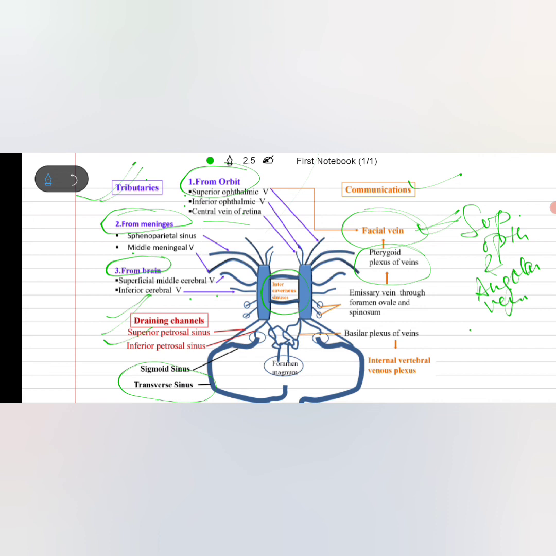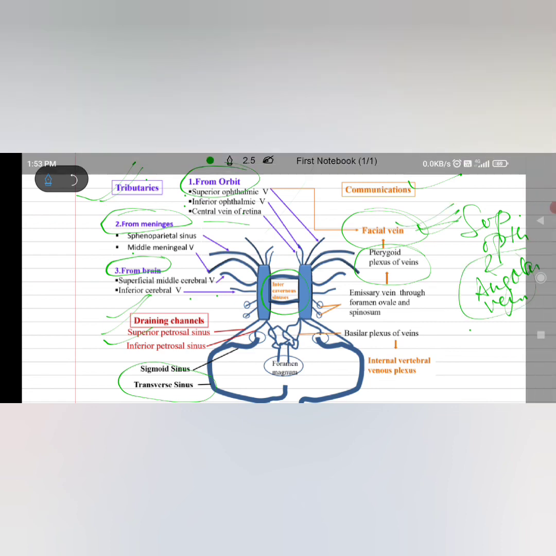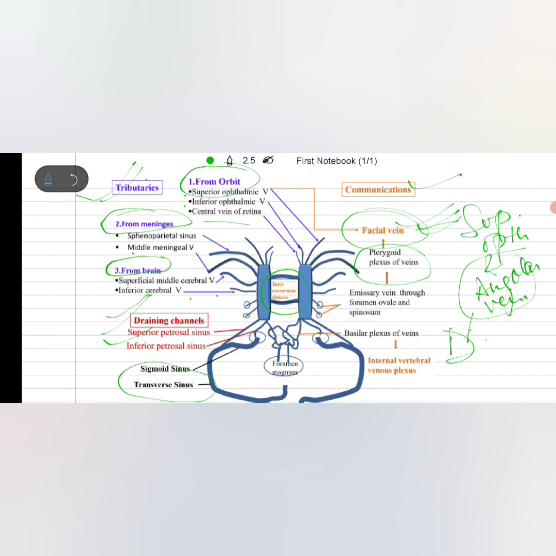So these are the communications. It communicates with the transverse sinus, with the internal jugular vein, with the facial vein, and all these communications lead to the facial vein. This angular vein comes in the danger area of the face. So any facial infection may spread to the cavernous sinus.